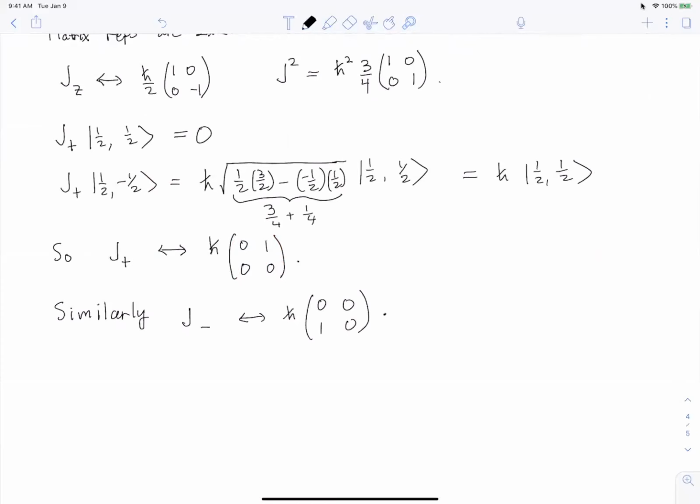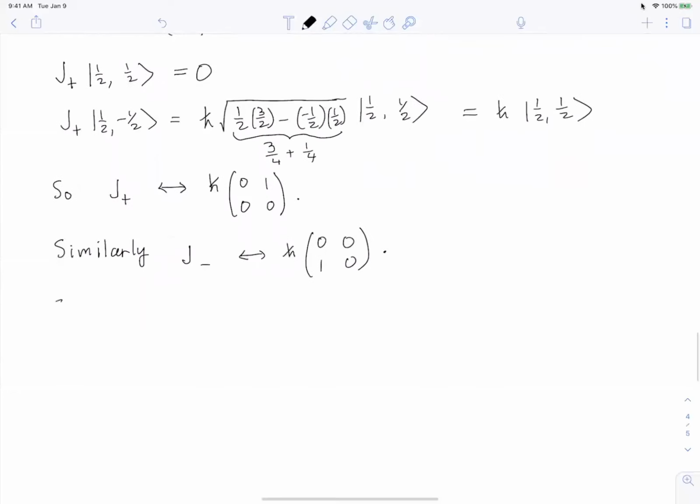And now once you've got J plus and J minus, you can construct Jx and Jy. And this is a common theme. It's often easier to work things out in terms of J plus and J minus rather than Jx and Jy, but then you can convert them. So how do we convert them? In particular, Jx by definition is the average of J plus and J minus. Okay, and so the matrix representation for that is h bar over 2, 0, 1, 1, 0.